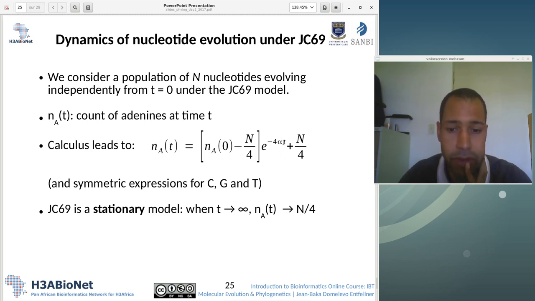But what we see is that if we let this mix of nucleotides evolve indefinitely, then we have plus infinity here for t, and exponential of minus infinity is 0. So when time t tends to plus infinity, we have this quantity that tends to be equal to N over 4.